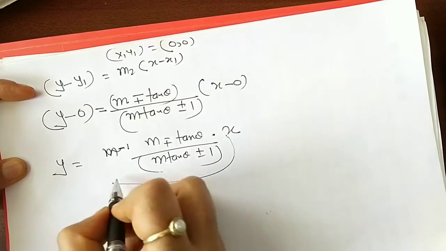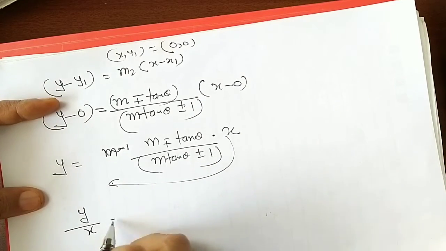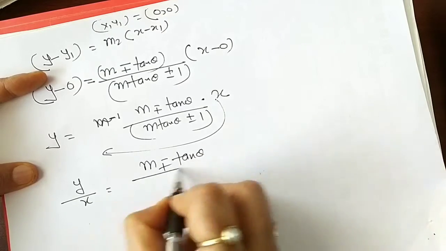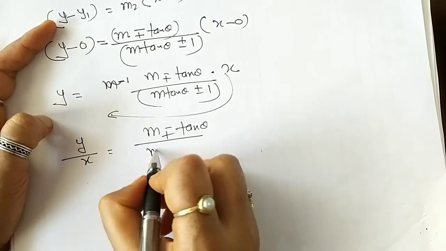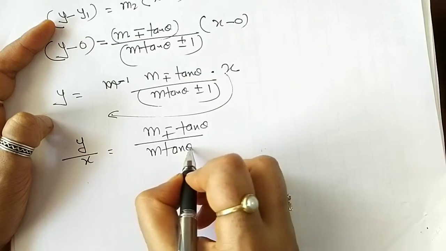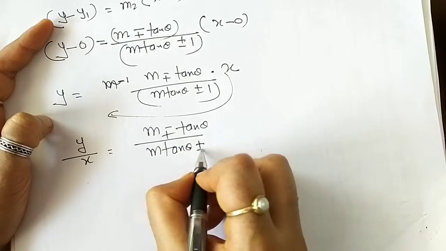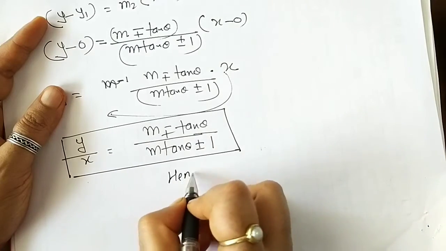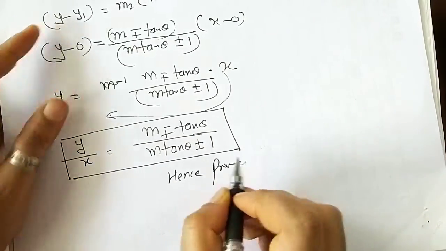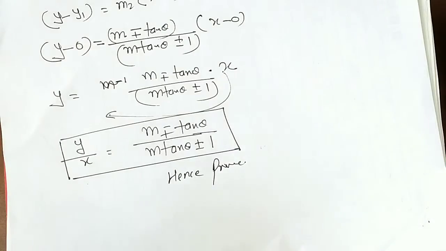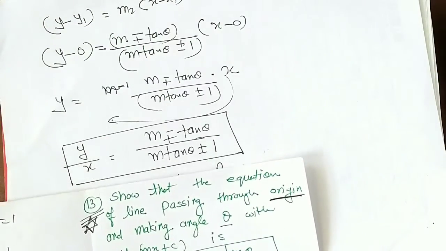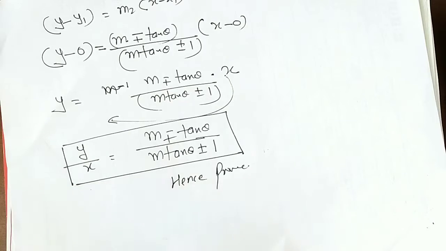Now this x I can bring down, so it will be y by x is equal to (m minus plus tan theta) by (m tan theta plus minus 1), and hence proved. This is what I was supposed to prove, guys. You can see in the question, this was the question to prove, and I got it. Understood?